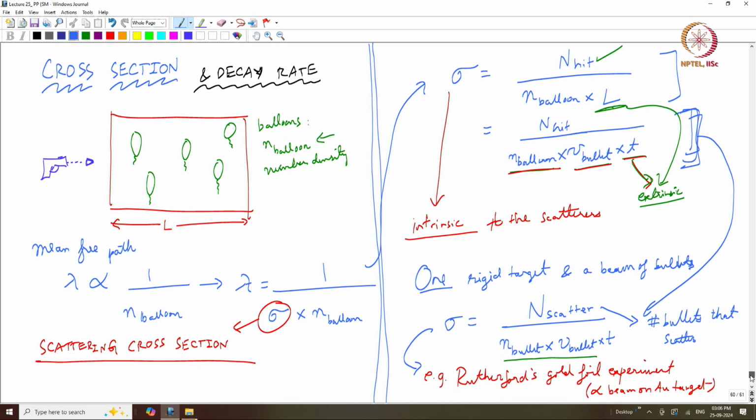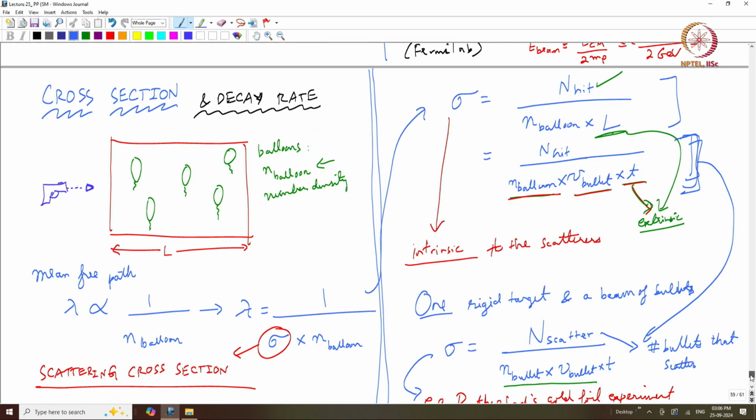So the cross section is determined by the number density of the target and the length of the detector, if you will, right. That is what we saw. Ultimately it all comes down to finding out what the mean free path is, right.